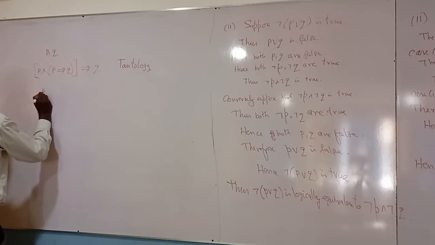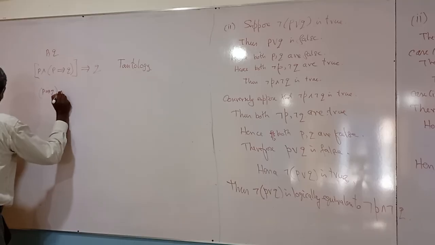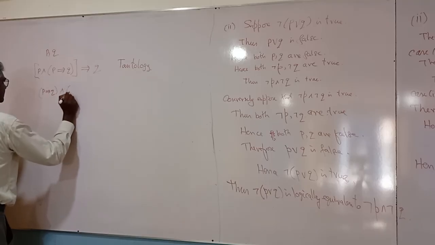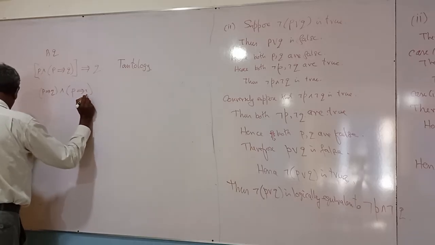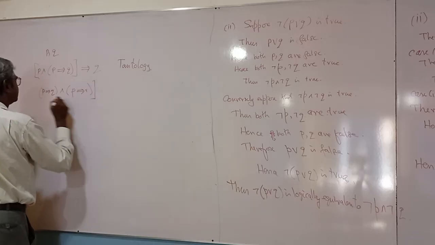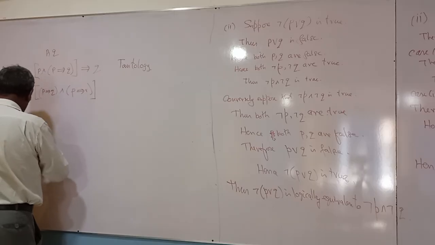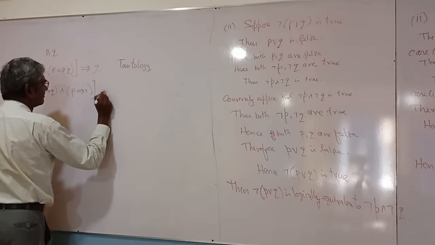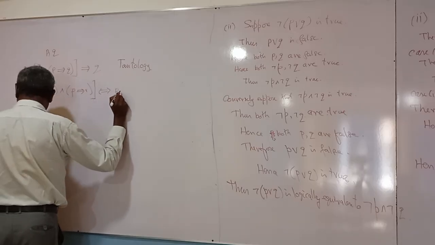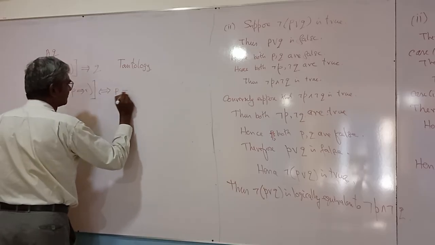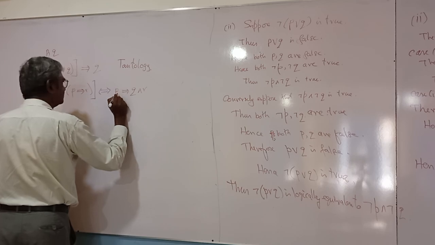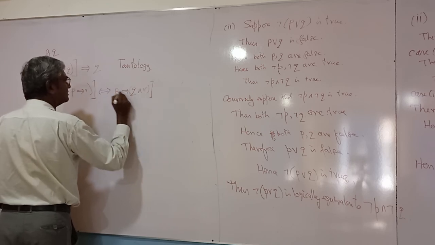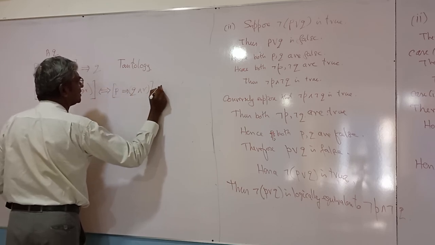P implies Q and Q implies R. This whole thing implies P implies R. This is also a tautology.